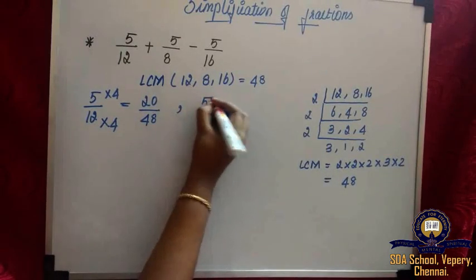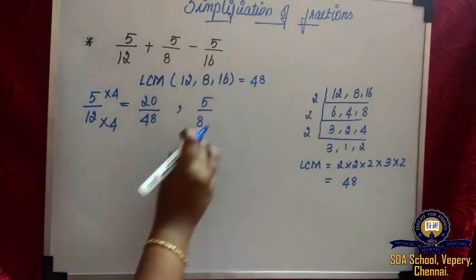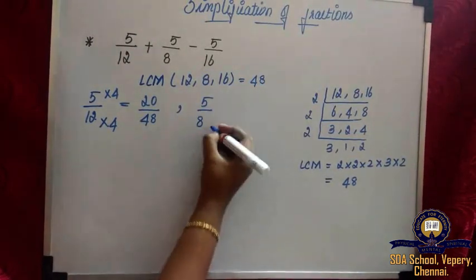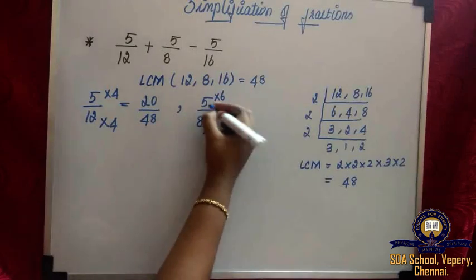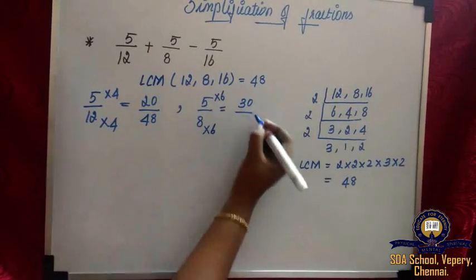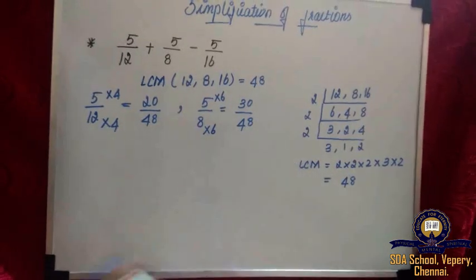So next is 5 by 8. So 48 divided by 8 will give you 6. So we need to multiply by 6. 6 fives are 30. 8 sixes are 48.